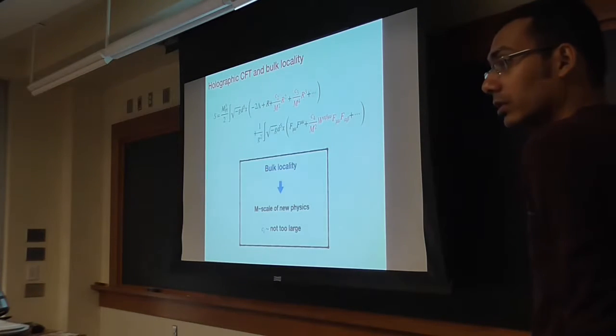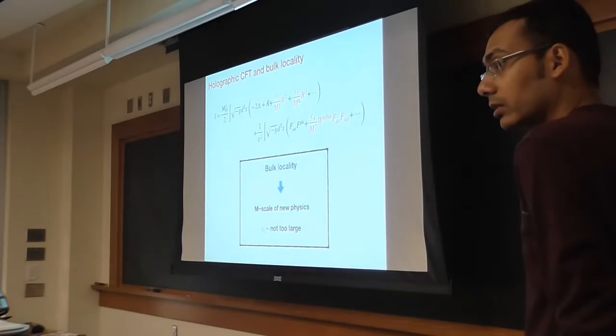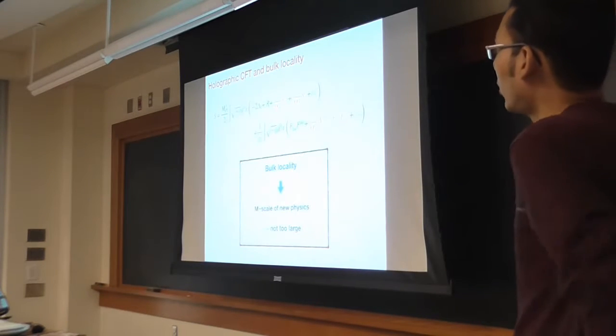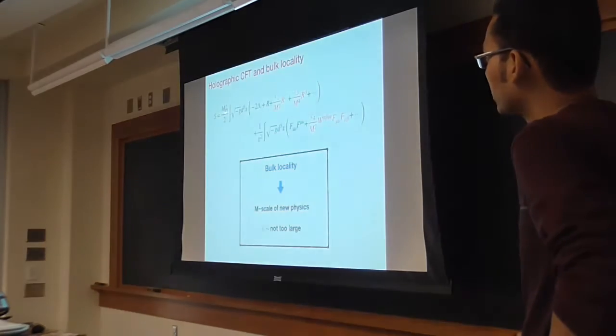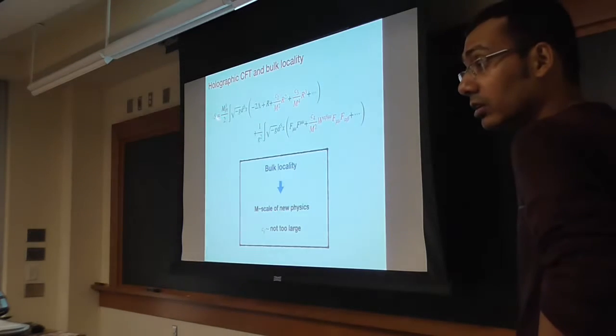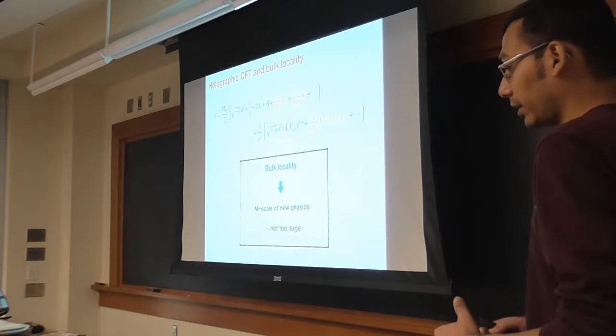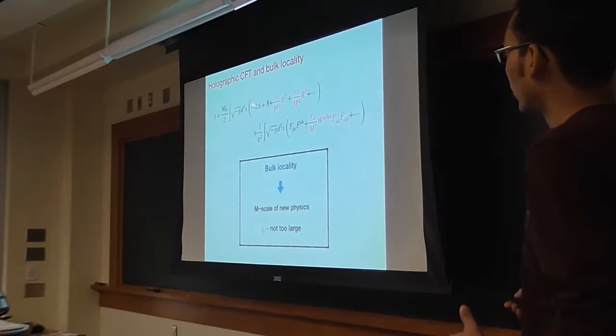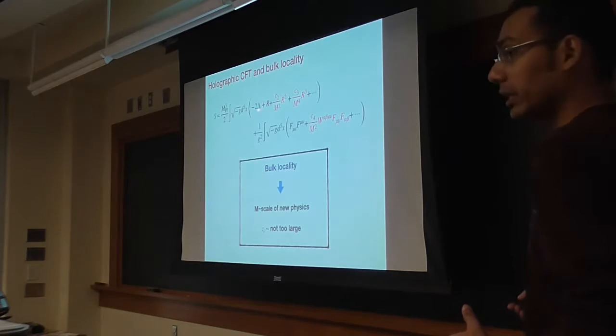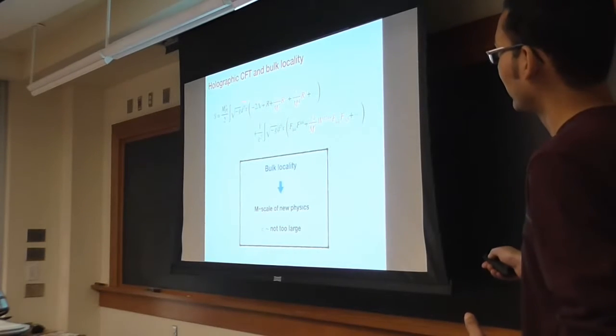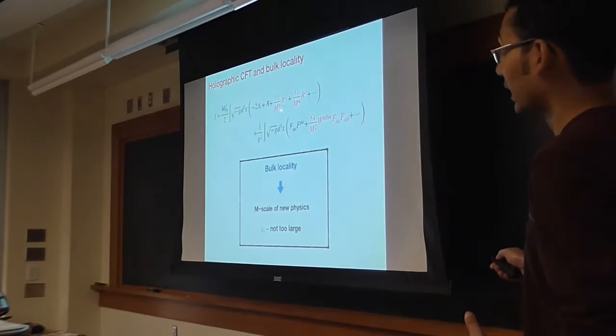If C is large, aren't you just basically saying that R squared is not smaller than R? Not really, because M Planck is overall. You just make sure that the R square term is not competing with R. If you rescale everything, you'll see another M Planck will appear here.